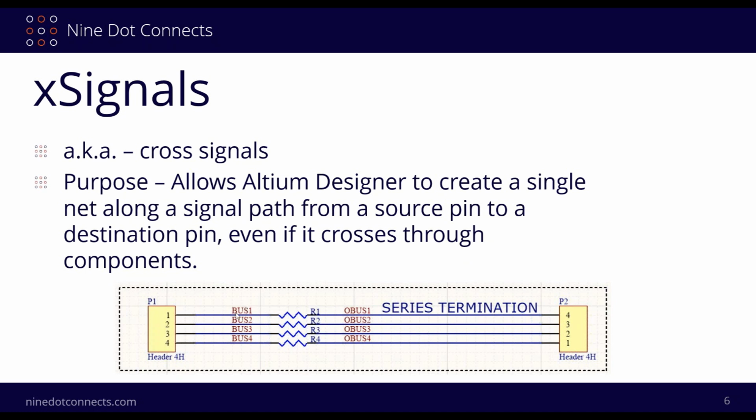So you would have had to keep a spreadsheet for bus 1, a spreadsheet for O bus 1, and of course for the other signals as well if you're trying to do match length tuning. xSignals allows me to create, let's call it, an imaginary signal that goes from 1 all the way through 4, so that Altium recognizes the fact that even if there are components in between, it will still consider it as being a complete net. And that is the whole idea of the xSignals.